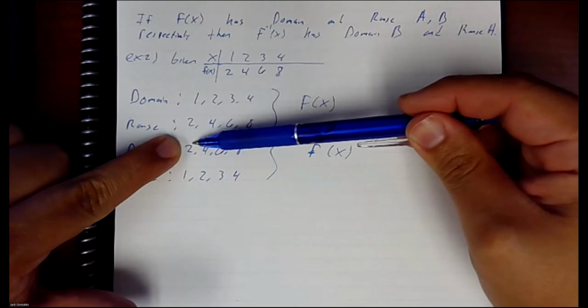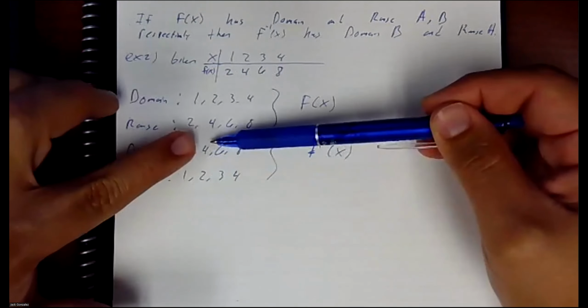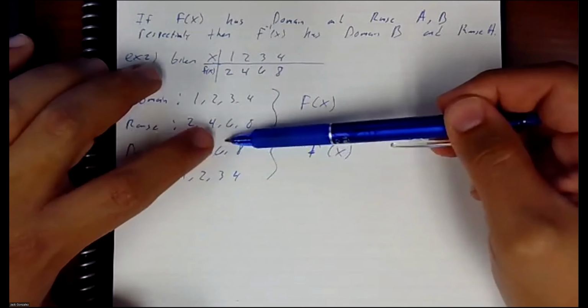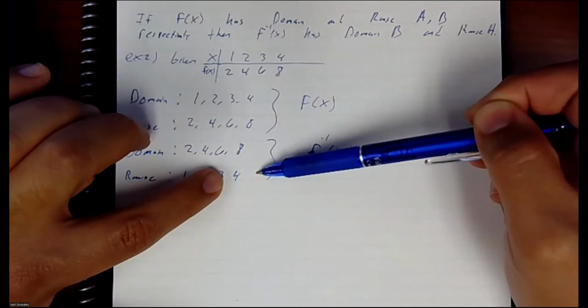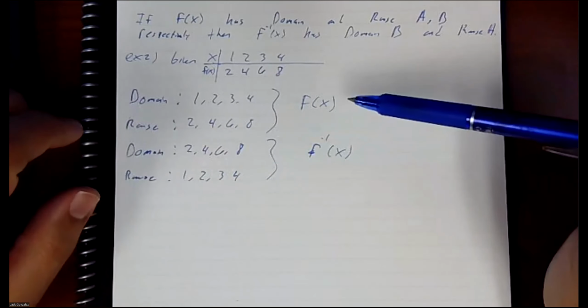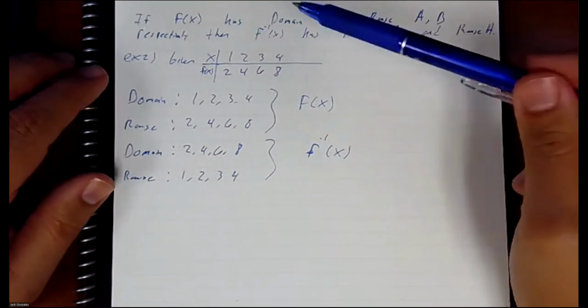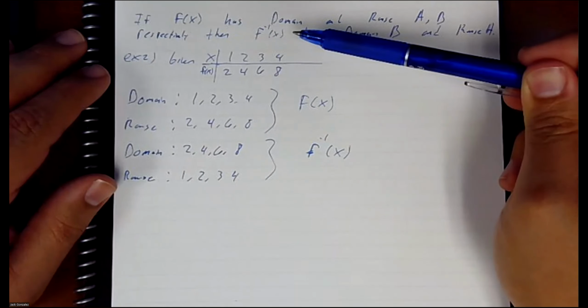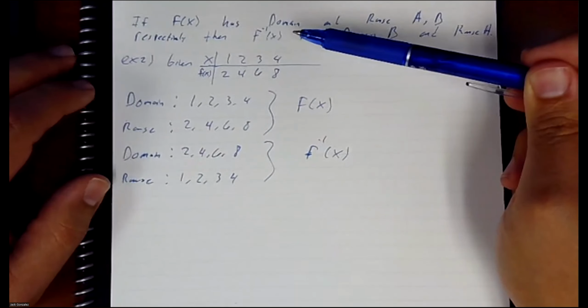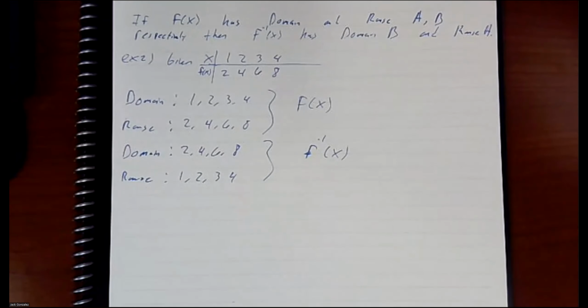So if it's already doubled, what cuts it in half? 2 goes to 1, 4 goes to 2, 6 goes to 3, etc. So that's a property of functions and their inverses. Does that make sense?